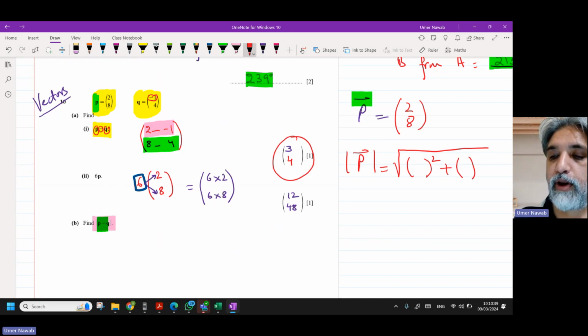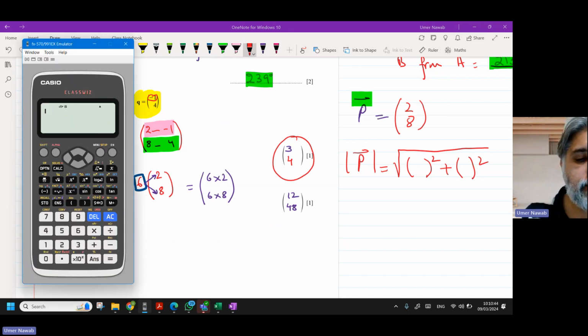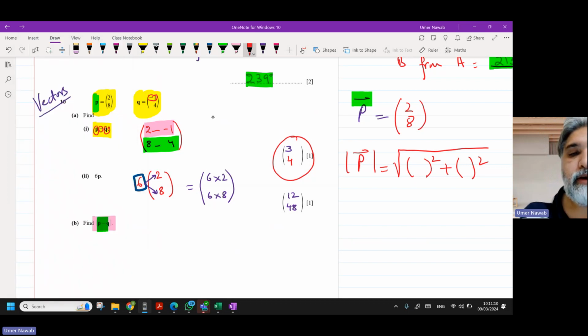Whenever you apply Pythagoras, guys, the first thing you have to write in a calculator is square root, bracket open, close squared, plus bracket open, close squared. Then you go to the first bracket and check what is the x component, 2, and what is the y component, 8. So guys, this is the magnitude of the vector P, which is 2 square root of 17 as an exact answer, or in approximated form, it is 8.24. In this way, you should get it.